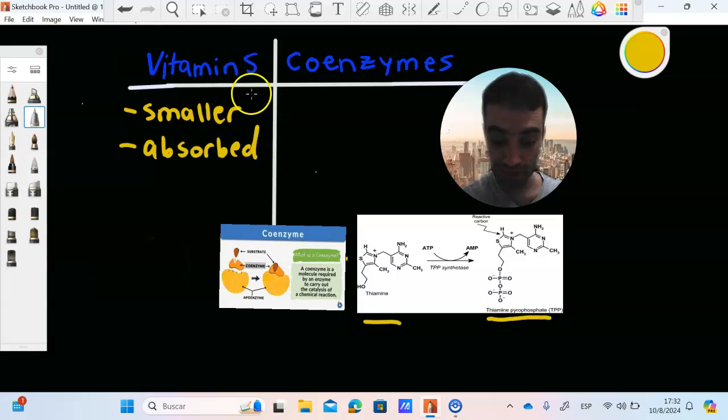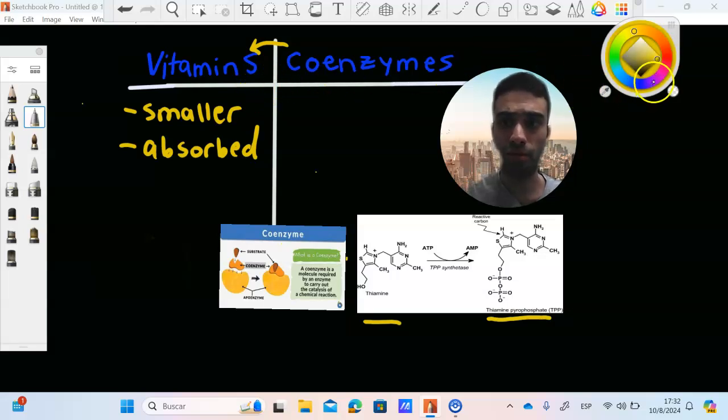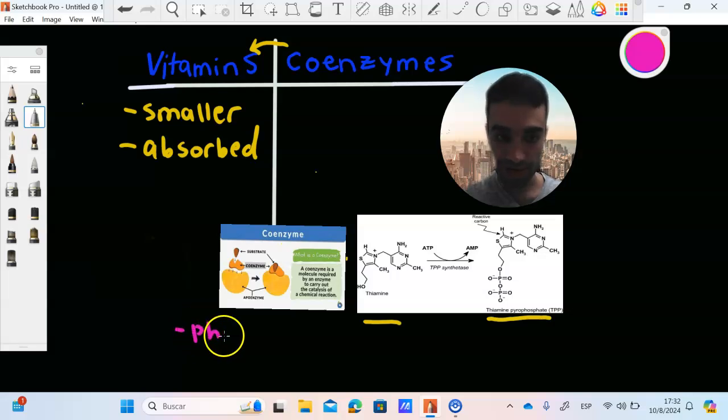So we consume these vitamins, and again, coenzymes are converted into vitamins so that we can absorb them. And the enzymes that help us do that include phosphatases and hydrolases.